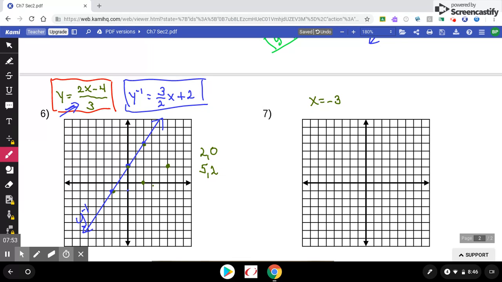This guy down here is -2, -1. Flip them around, I get -1, -2. Right there. And I'm going to go ahead and draw this without the line feature because I'm worried about losing time. Label him y. There you go.